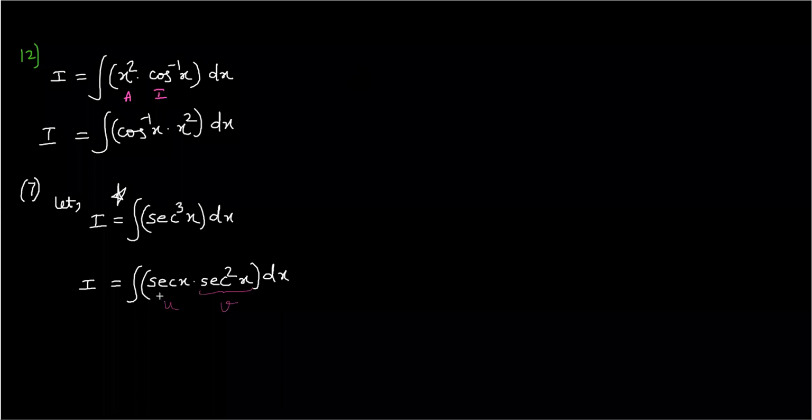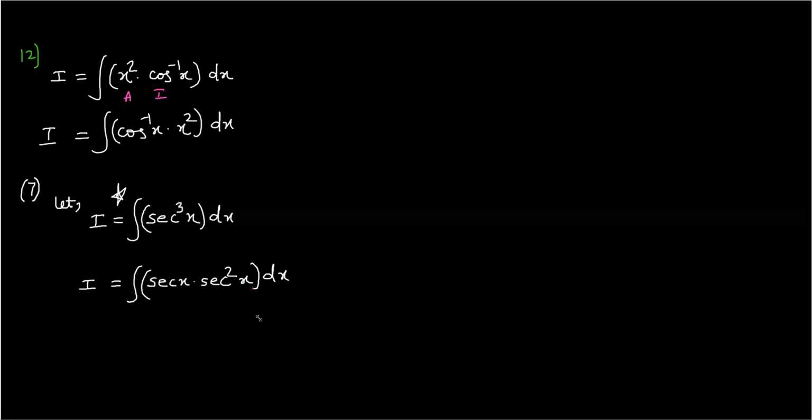So as I said, when the LIATE rule is not helping us, we will use common sense for deciding the order of the functions. So I write here sec x into sec square x, and I start integrating by parts.